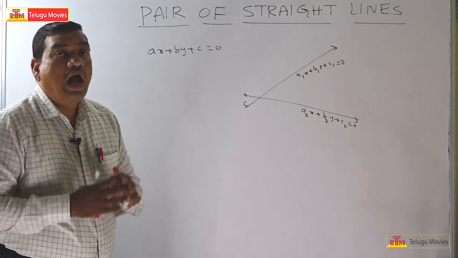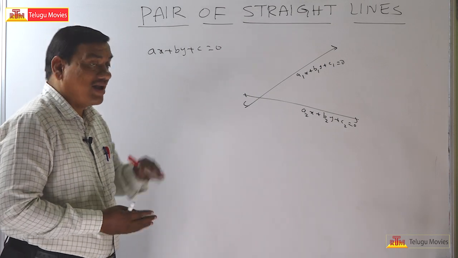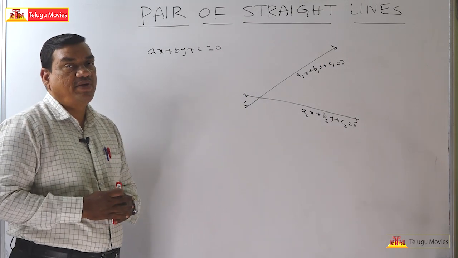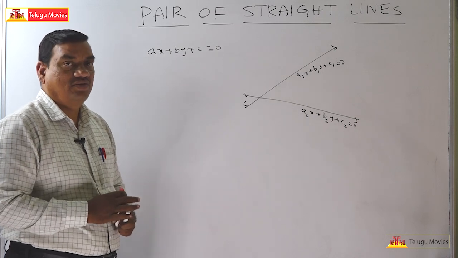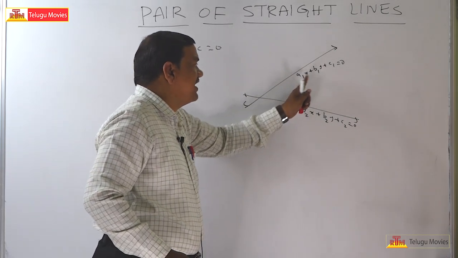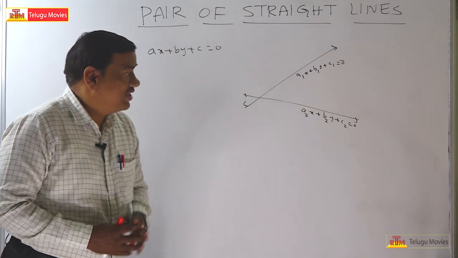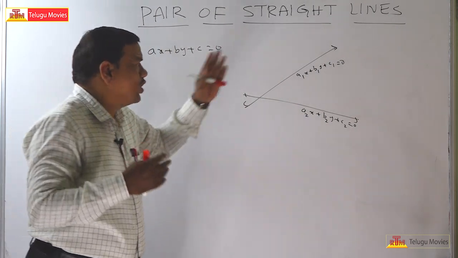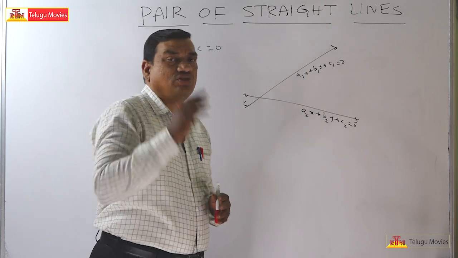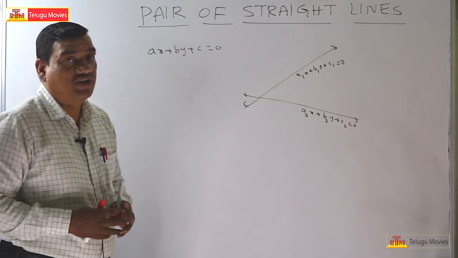Now I want to find out the combined equation of the pair of straight lines. The individual equations are a1x plus b1y plus c1 is equal to 0 and a2x plus b2y plus c2 is equal to 0. For individual equations we know their slope and inclination; all those things we learned in the previous chapter.